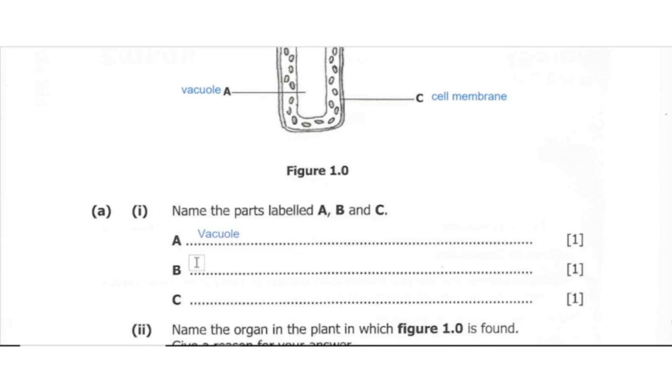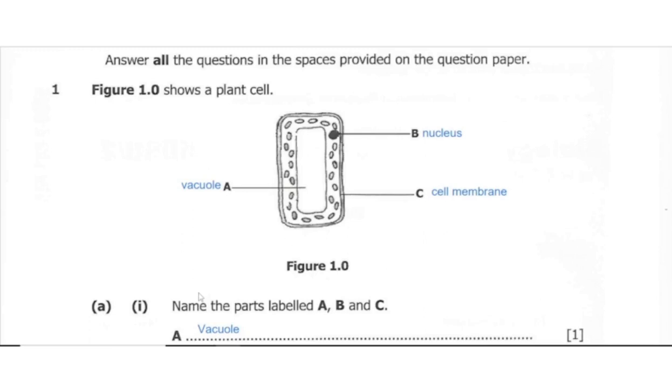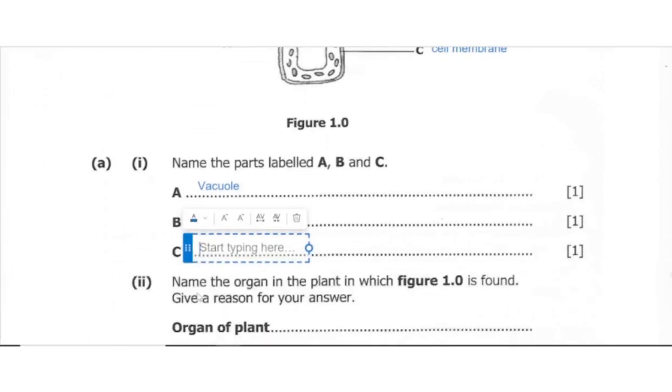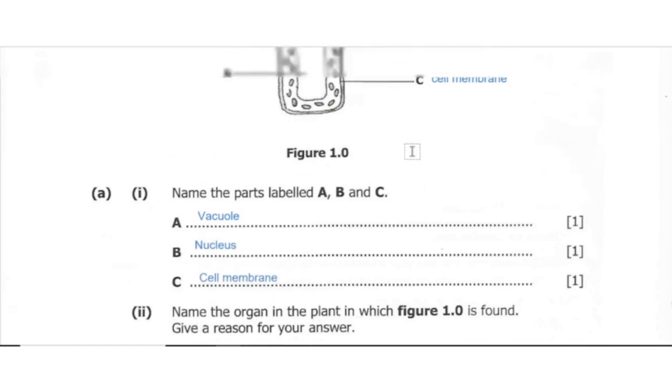Here B is the nucleus. C is the cell membrane. So those are the names of those parts.